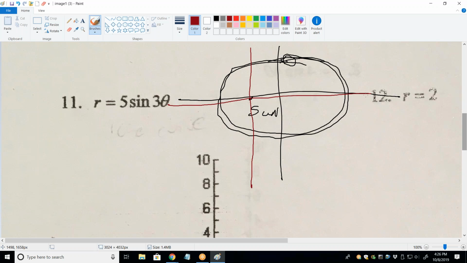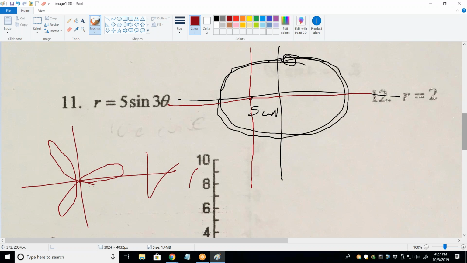And usually if you have a general idea how they look, in other words, I knew that a rose curve either looks like this, or the sine one looks like this.